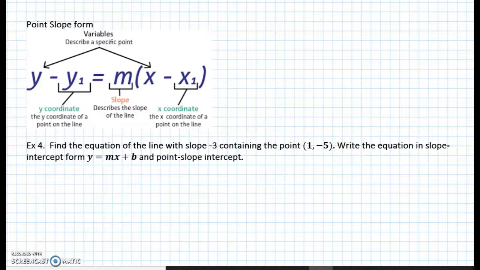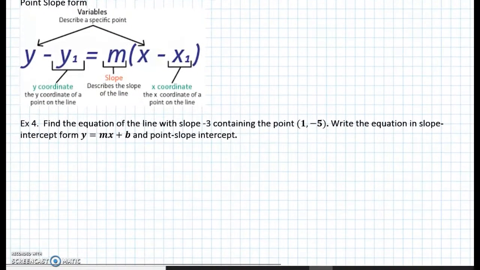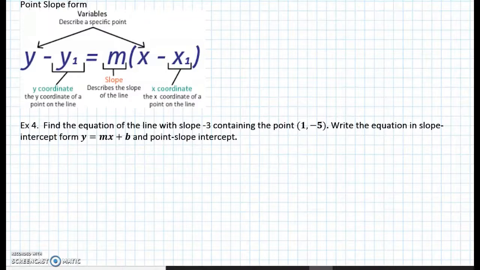So example number 4 says, find the equation of the line with slope -3 containing the point 1, -5. Write the equation in slope-intercept form and point-slope form. So we're always going to start off with point-slope form and then convert it into slope-intercept form, since we kind of know how to do that already.